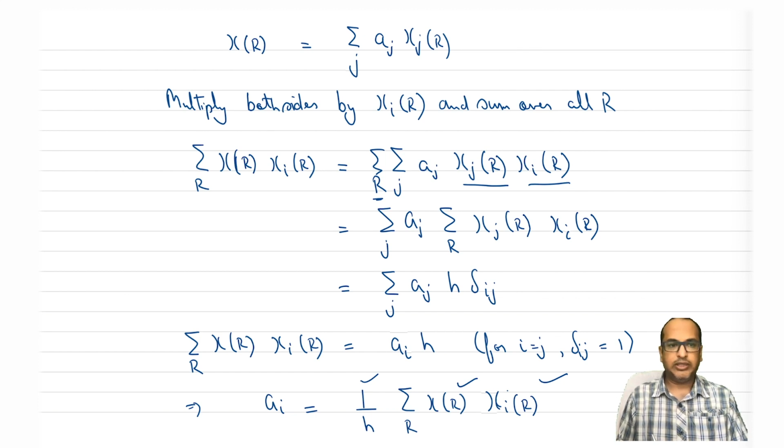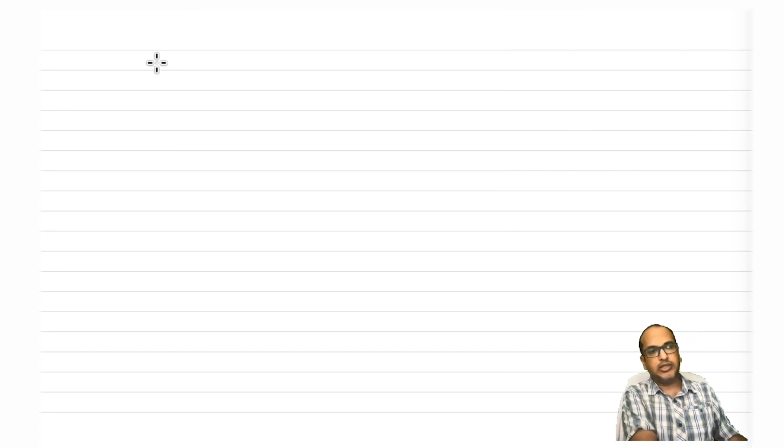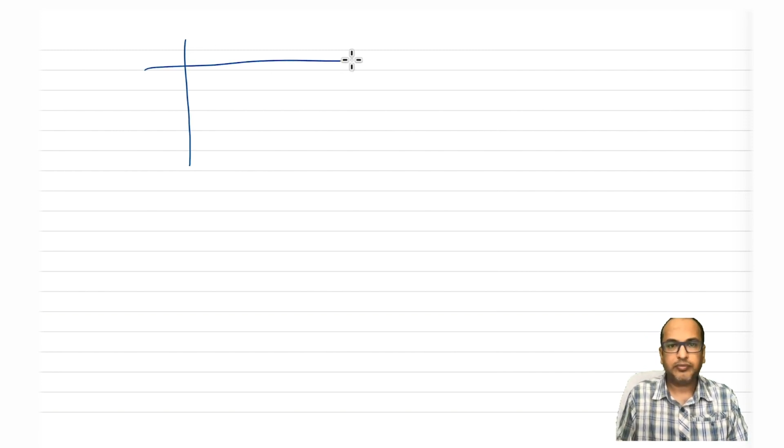Okay, now let's take an example to see whether we can do it or not. So let's take the C3V point group example again. Now I'm assuming that you are able to write all the irreducible representations by yourself using the rules of GOT, right?